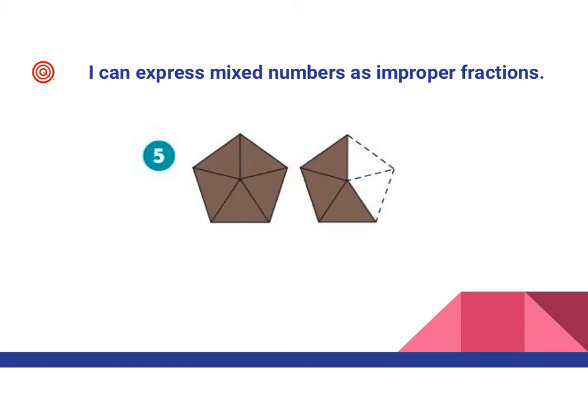How about this one? What's this mixed number and improper fraction? As far as a mixed number, did you say 1 and 3/5? What is it as an improper fraction?